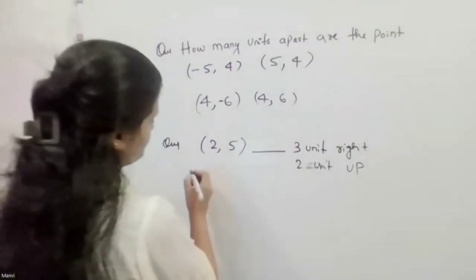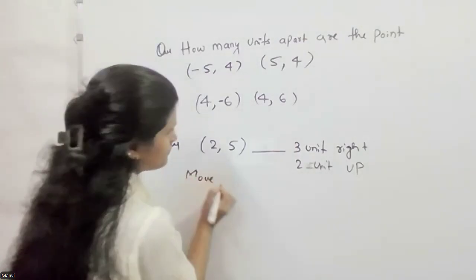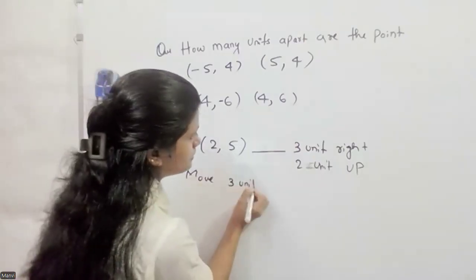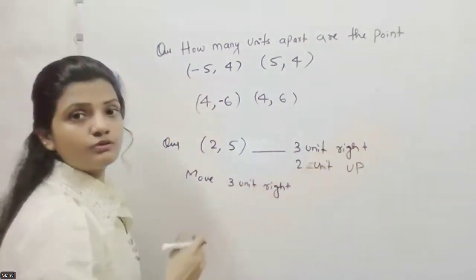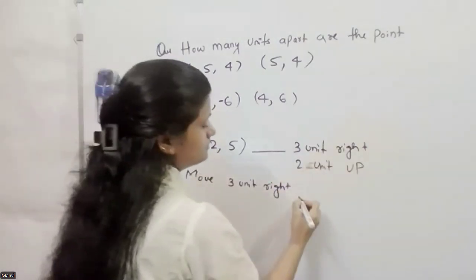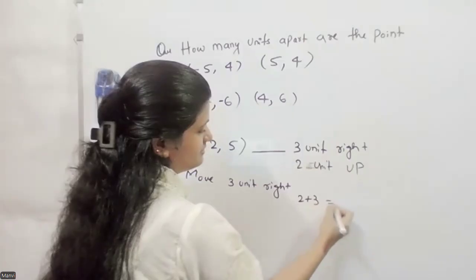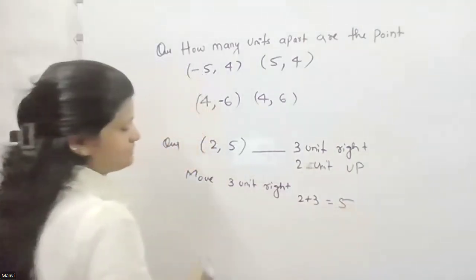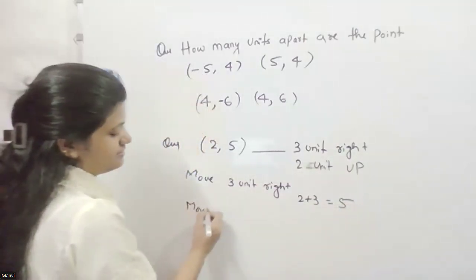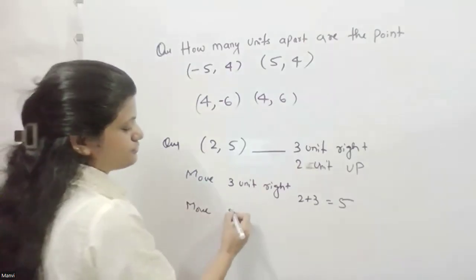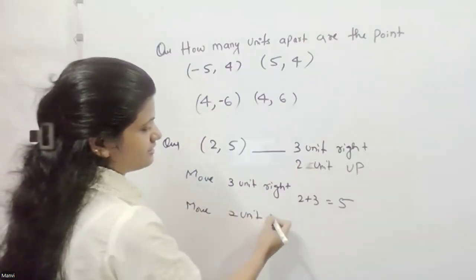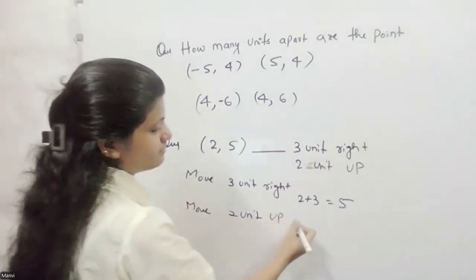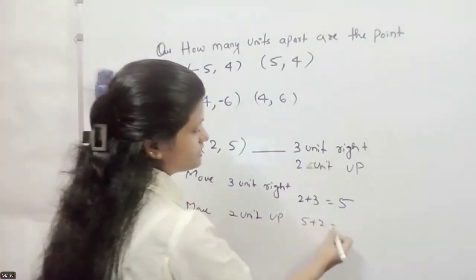Okay, let me explain. Move 3 units right means we need to add that value. So it's 5, 5. Then move 2 units up means 5 plus 2, which is 7.